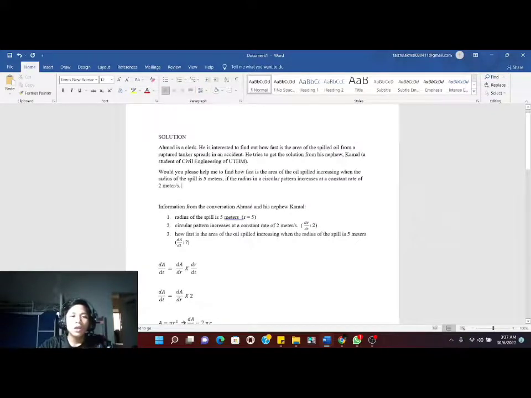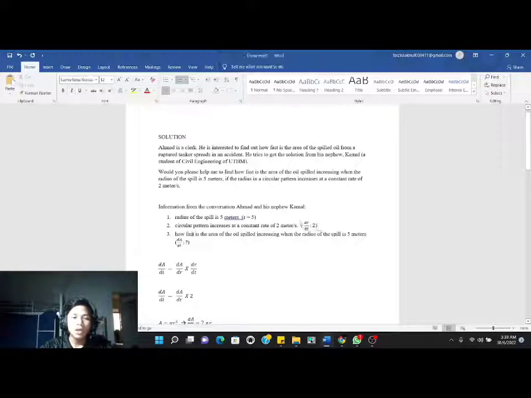Based on the information from the conversation, we get that the radius of the spill is 5 meters, so r equals 5. The second one is that the circular pattern increases at a constant rate of 2 meters, which in mathematics we call dr/dt, radius per second, so dr/dt equals 2.